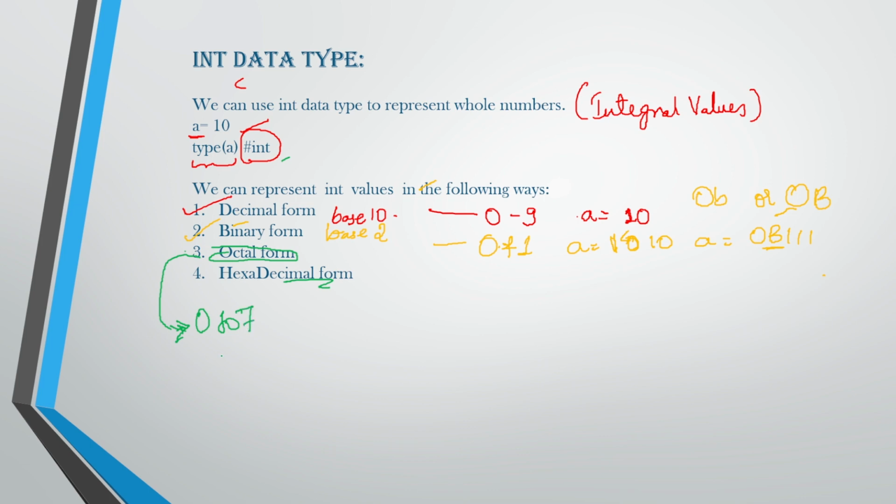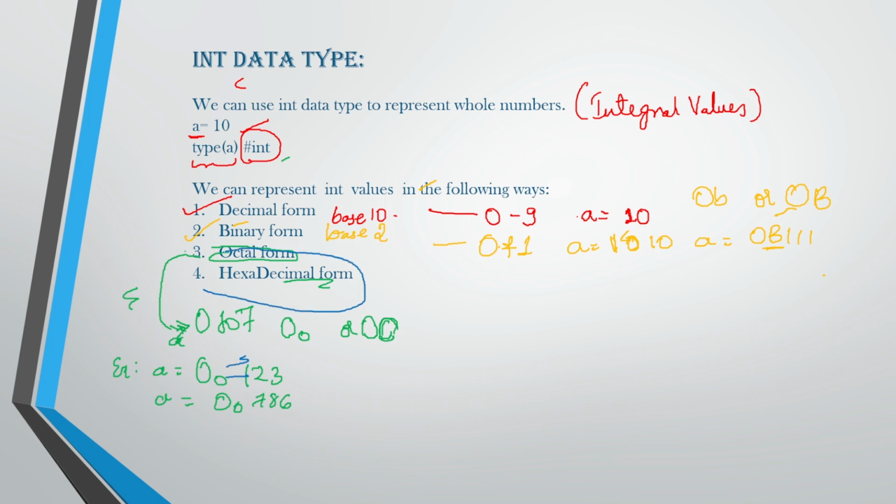Literal values should be prefixed with 0o, small o, or you can also have it with 0 and a capital O. The values will be represented as, for example, a = 0o123, or it can also be a = 0o786. So this is the octal form.